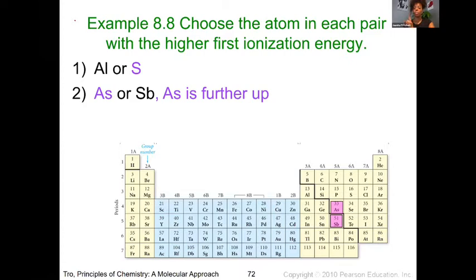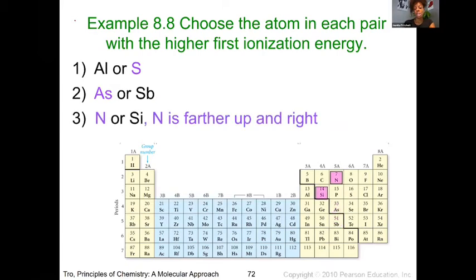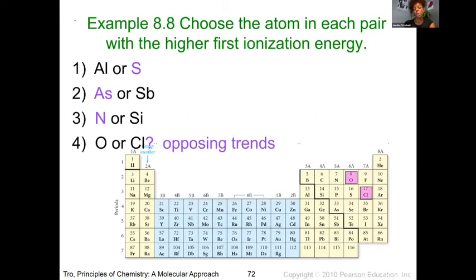It's further up. Its valence shell is closer to the nucleus, so more energy is required. And between nitrogen and silicon, again, nitrogen is further up and to the right, so we would expect it to have a higher ionization energy. And then between oxygen and chlorine, we can't really tell because they have opposing trends.